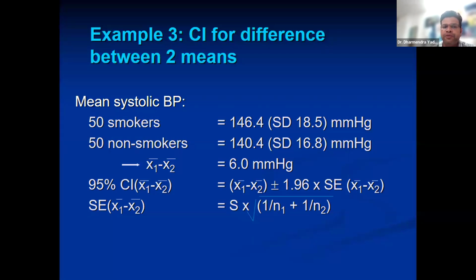There are two groups, smokers and non-smokers, and we have to find out whether there is a significant difference between their systolic blood pressure or not. So the method will be the same. You have to calculate the sample mean, sample proportion, sample deviation. The method is the same for the confidence interval for all kinds.